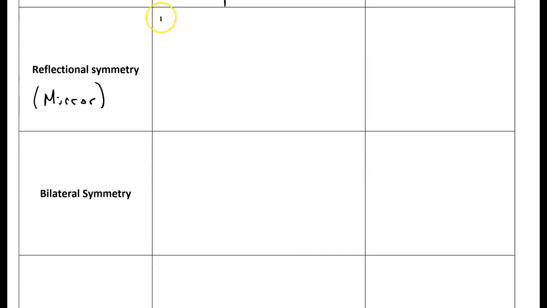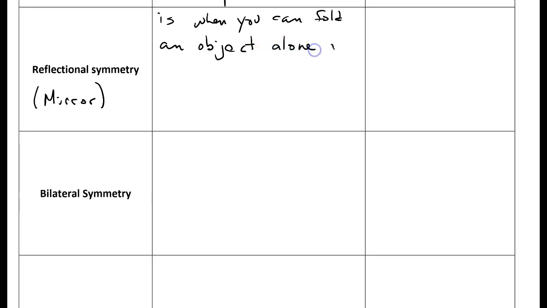So reflection symmetry is when you can fold an object along a line of symmetry. Okay, so we're going ahead and we're using that other vocabulary word in this definition.